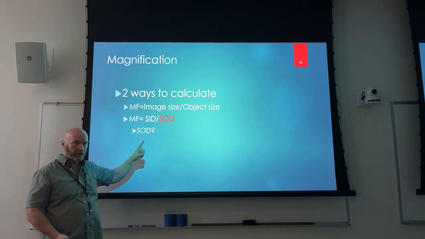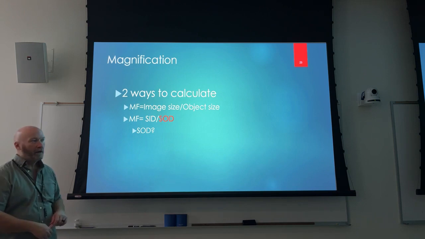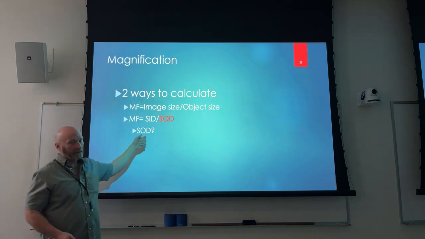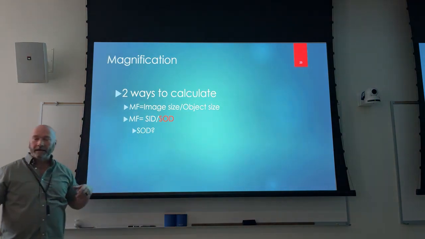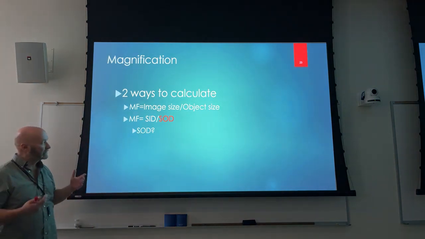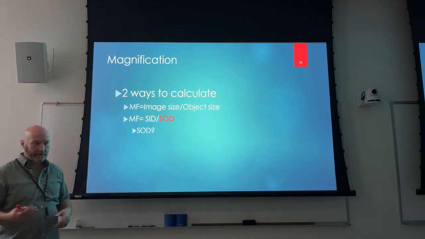That's your step number 1, and that's the one step that you're going to have a tendency to overlook. What you're going to have a tendency to do is go SID over OID. Don't do that. You have to take OID from your SID to establish your SOD, source to object distance, before you can work this out.